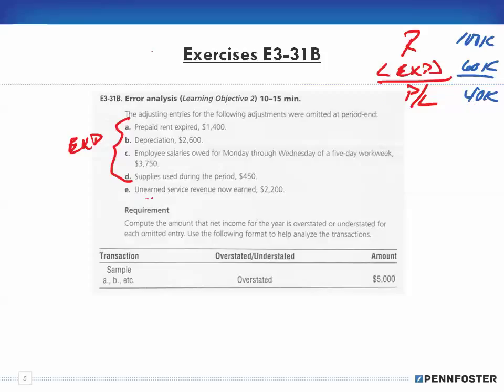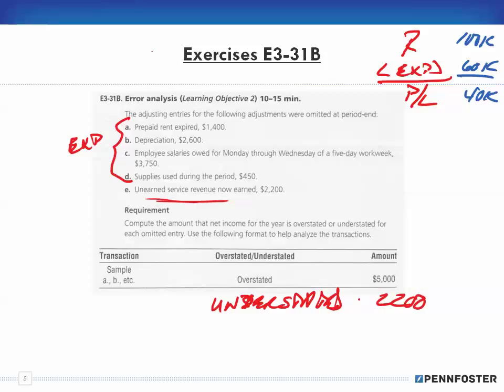But now we're working with unearned service revenue. Since revenues are the opposite of expenses, because I conceptually understand this, just looking at unearned service revenue now earned 2,200, I know that my profit or loss is going to be understated by $2,200.